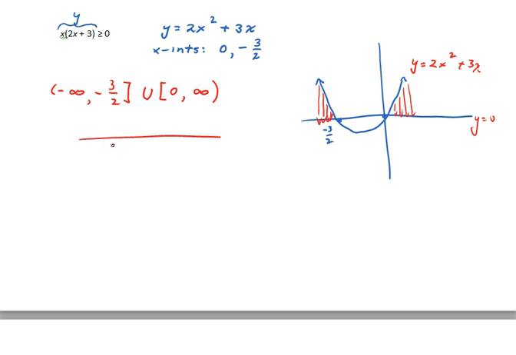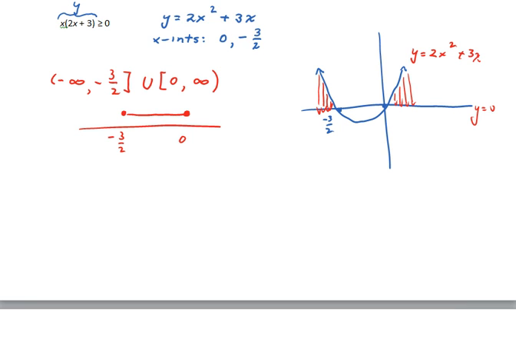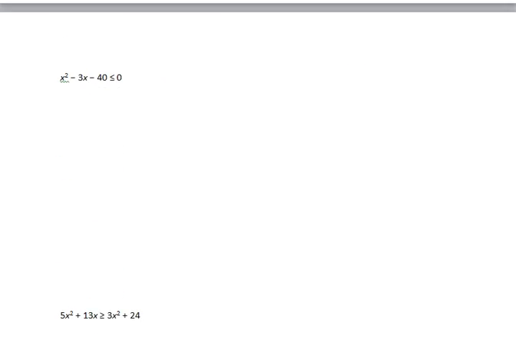When we draw it on the number line, we'll have closed circles at -3/2 and 0, and a segment between those. Our third example is x squared minus 3x minus 40 less than or equal to 0.